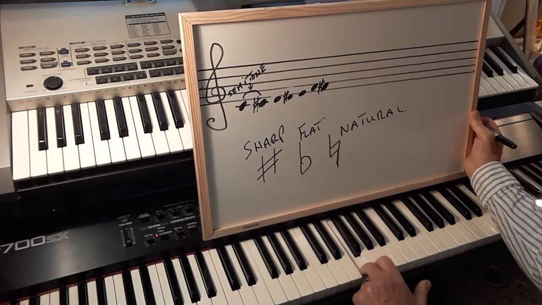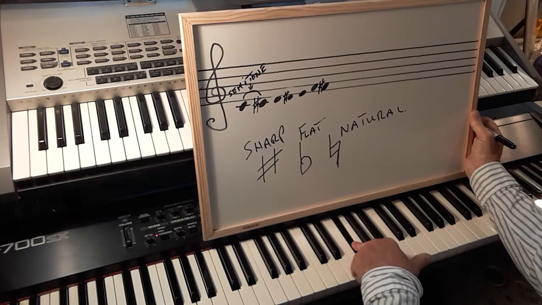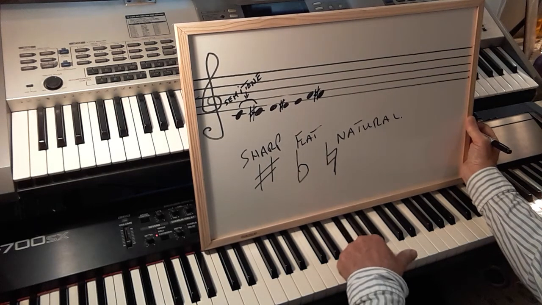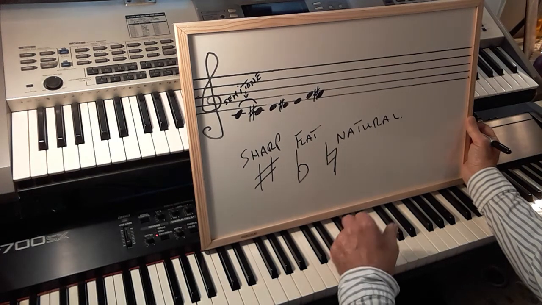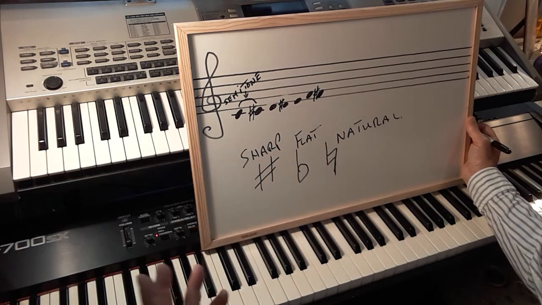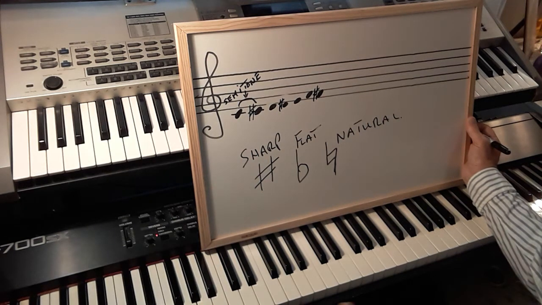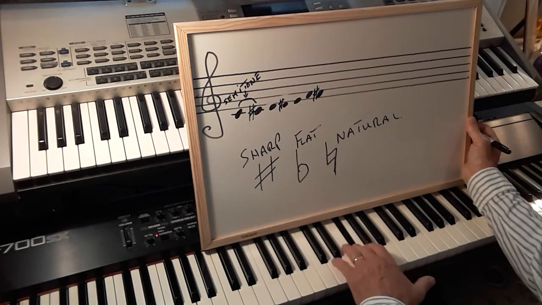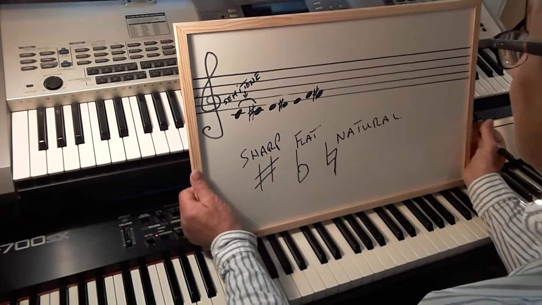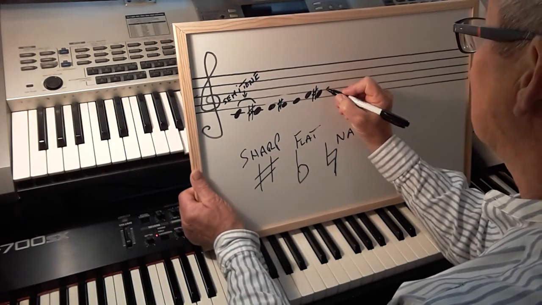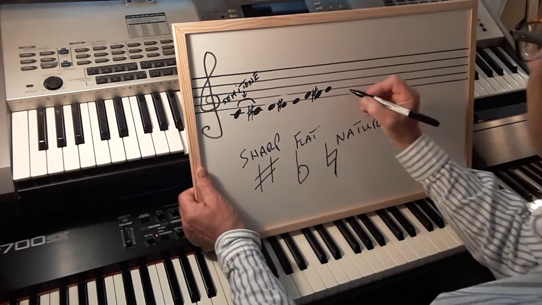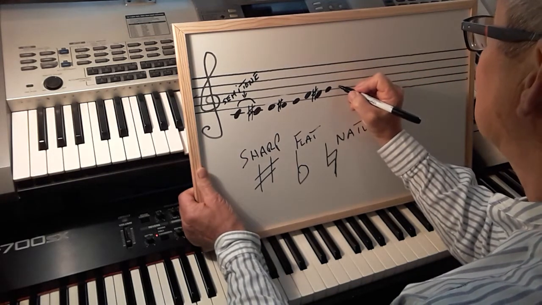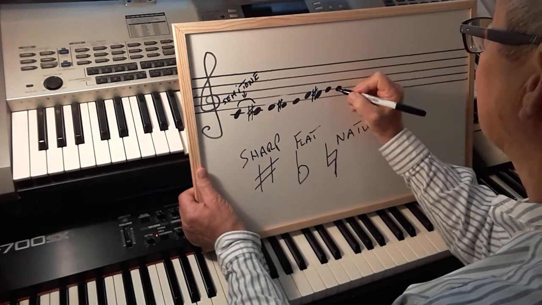So from F to the black note next to it is a semitone, so that's F sharp. Now the next one's a semitone away because this is a chromatic scale and it's a semitone scale. F sharp to G is a semitone, and then G sharp, which is what we want.